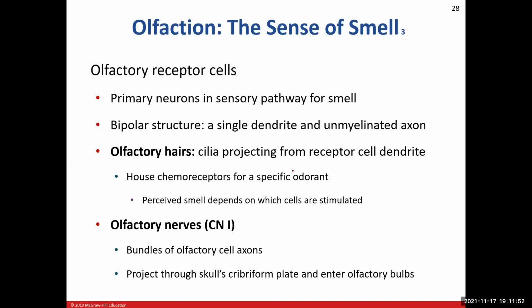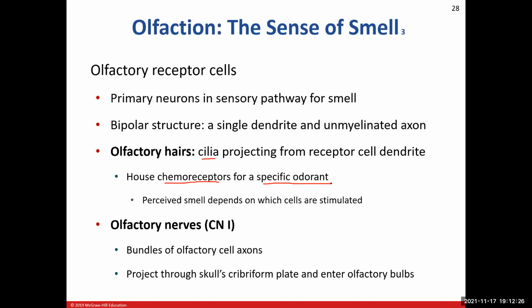So at the very end of these primary neurons is where we're going to have our cilia, which house the chemoreceptors. Now they're odorant specific, meaning if you have a chemoreceptor that's specific for something that smells sweet, and you're just smelling something that is, I was going to say vulgar, but like car exhaust, for example, those chemoreceptors won't pick up that odorant of the car exhaust.